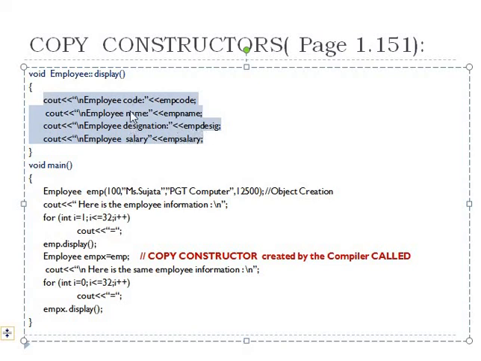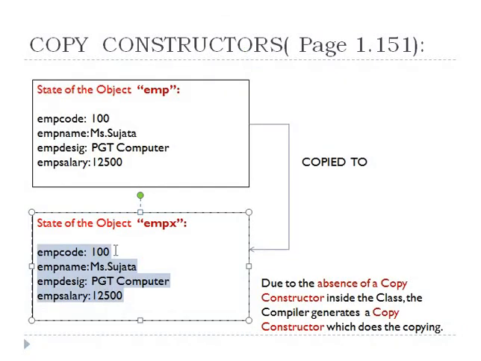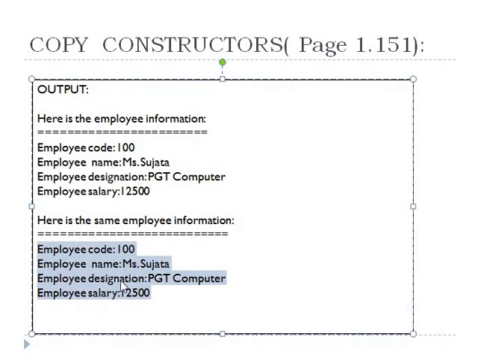Now, as these are the values for these data members pertaining to the object empx, which is the same as with the object emp, in the output I get to see these texts along with the values of their data members.